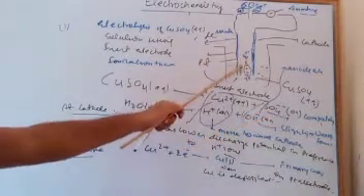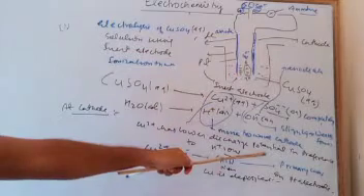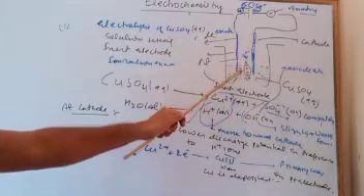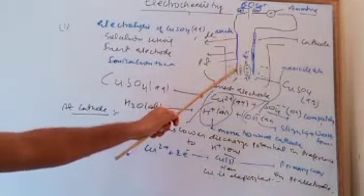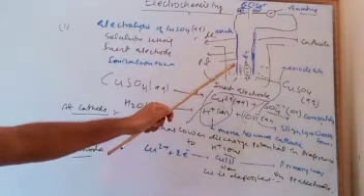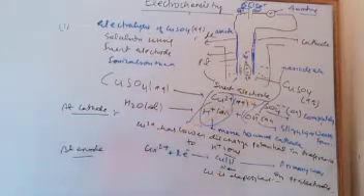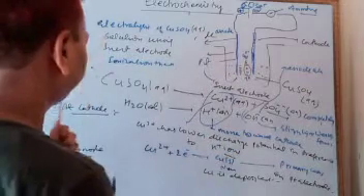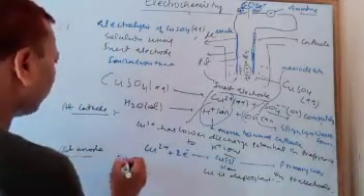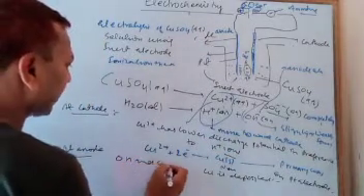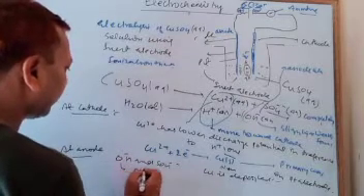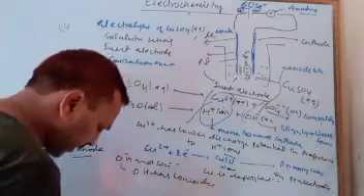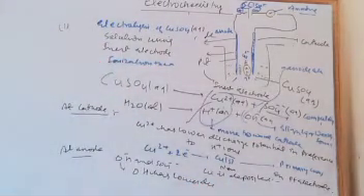So this is the anode, with a negative charge. The sulfate anion or OH anion, both will release their negative charge and turn into neutral species. Here the OH ion has lower discharge potential than the sulfate ion.